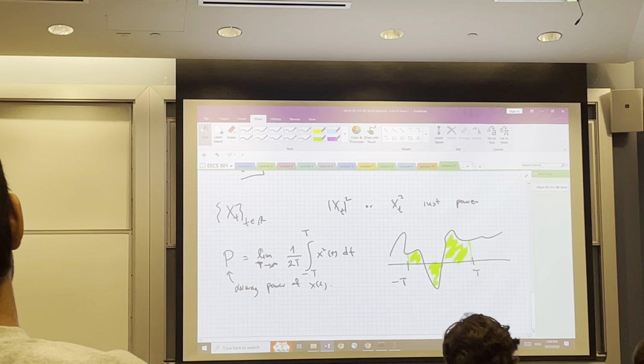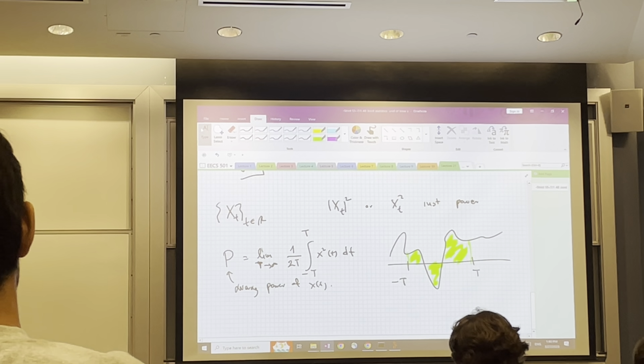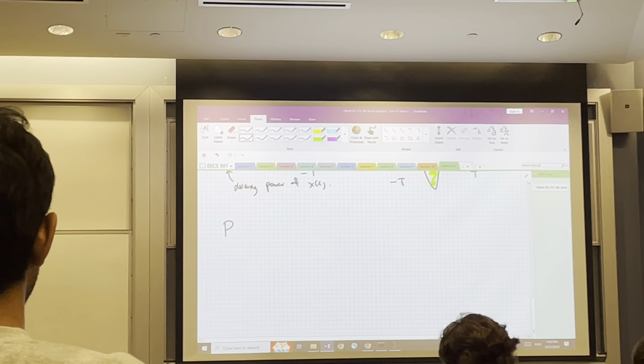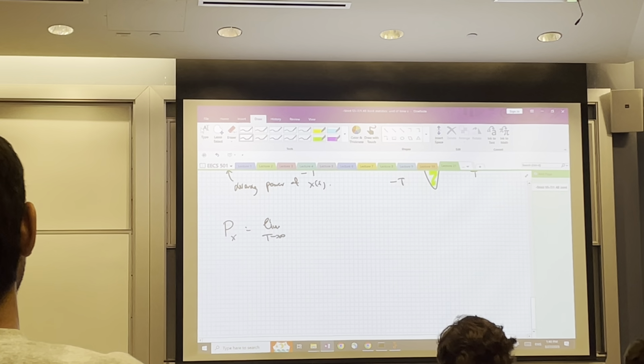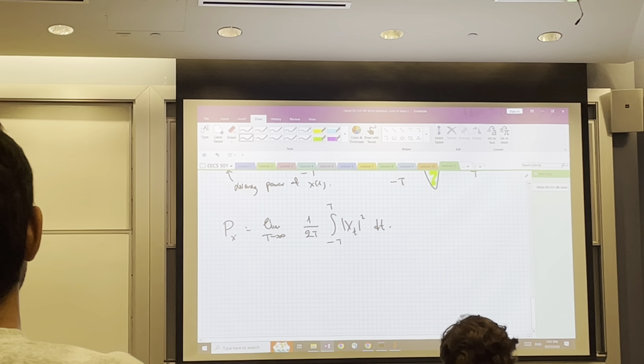If I go and do the same thing for random processes, I will have a problem. Because then I will say the power of x is the limit as T goes to infinity, and I don't discuss the limits of random processes yet, we will, of 1 over 2T, integral from minus T to T, of x of t squared dt. What is the problem that I'm facing here? If I want to define this as the average power of the random process x.